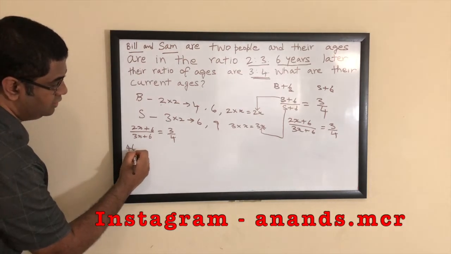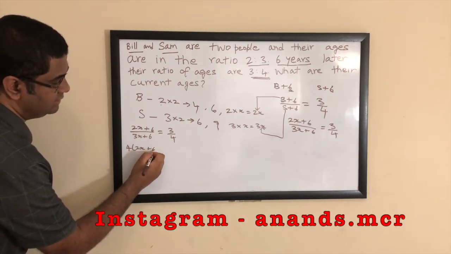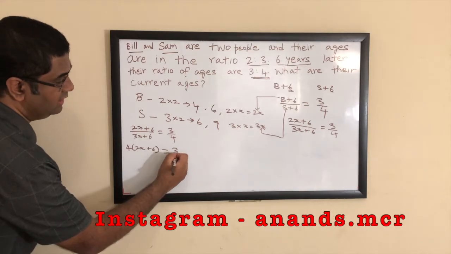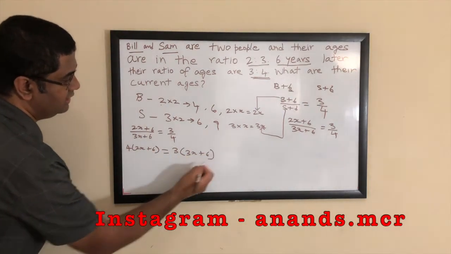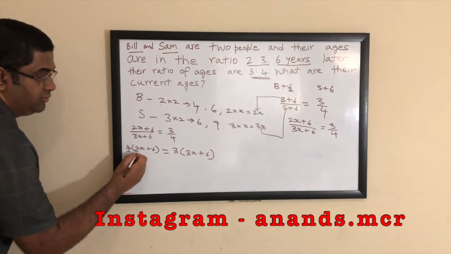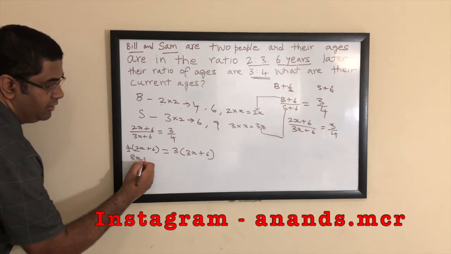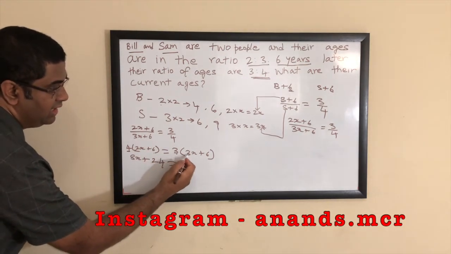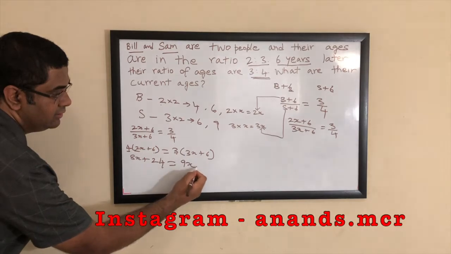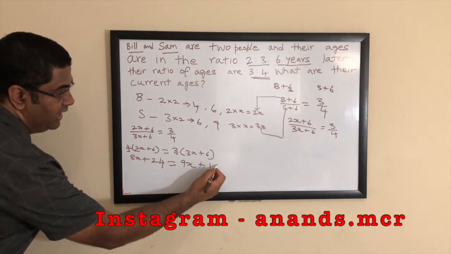So 4 times 2x plus 6 will be equal to 3 times 3x plus 6. So friends, what does this yield? 4 times 2x is 8x. 4 times 6 is 24. This will be equal to 3 times 3x, which is 9x. 3 times 6 will be 18.